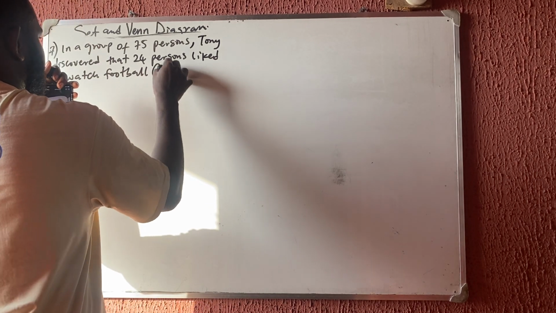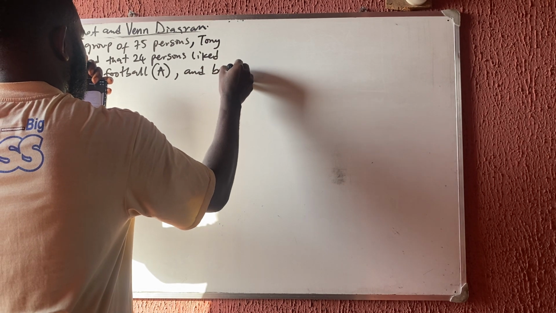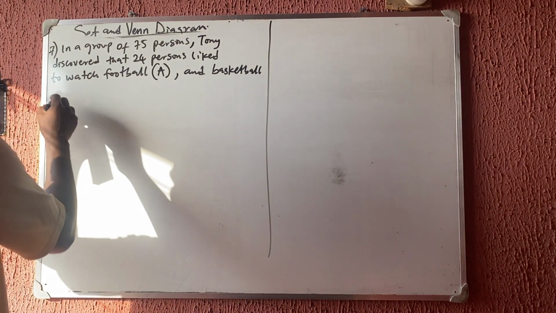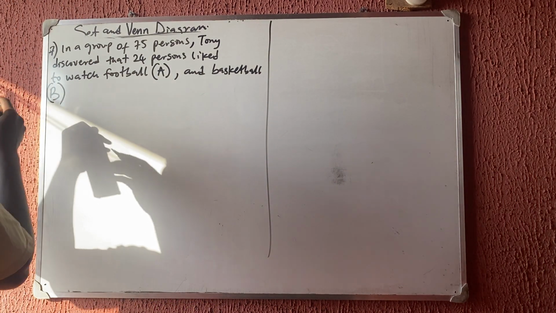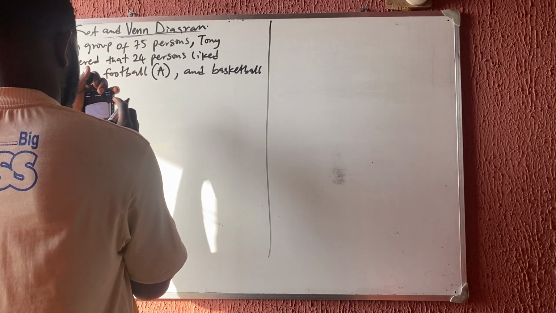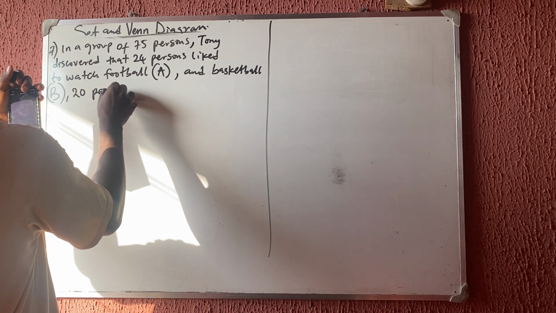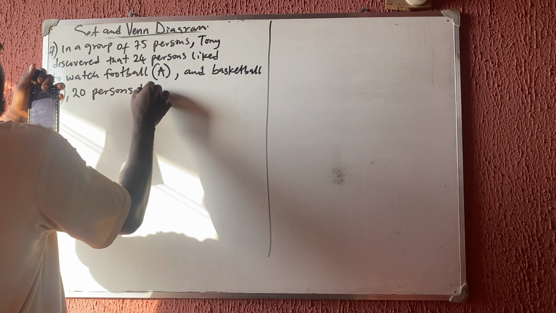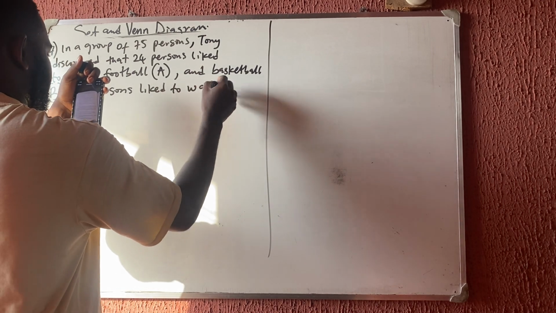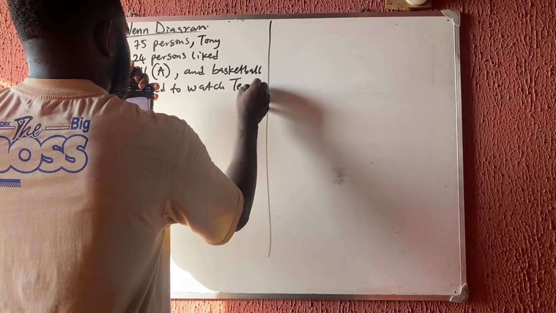They name it A. And basketball, they name it B. 20 persons liked to watch tennis. They call it C.